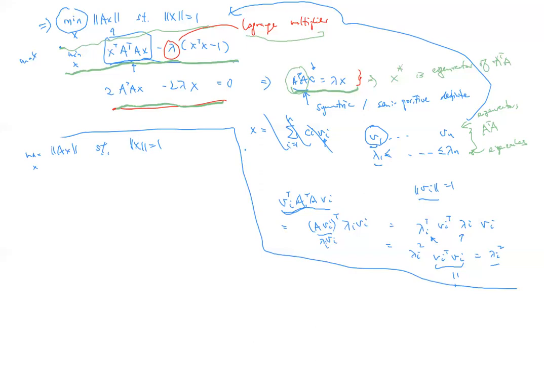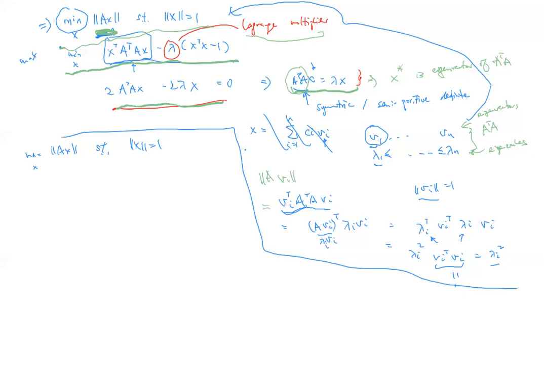So now the optimum x should be one of the eigenvectors, right? The question will be which eigenvector. Now we go back to the original question here. We want to minimize the norm of Ax. So let's write it out for any of the eigenvectors, like vi here, and find out what the norm of A vi is.